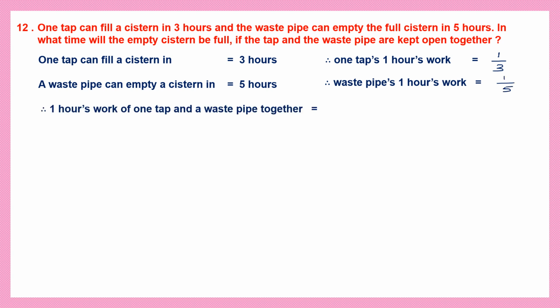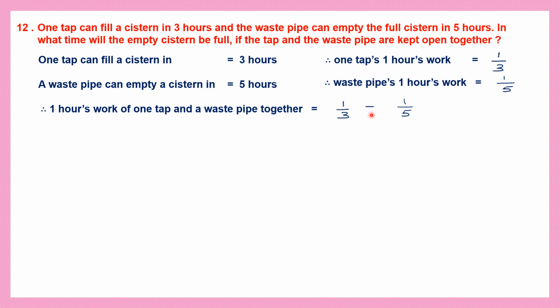So we need to find 1 hour's work of the tap and the waste pipe together. The tap's 1 hour's work is 1 by 3, and the waste pipe's is 1 by 5. Now we are going to subtract this, because one is filling the cistern and the other is emptying it. Both are doing the opposite work.